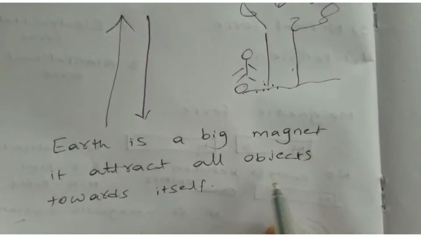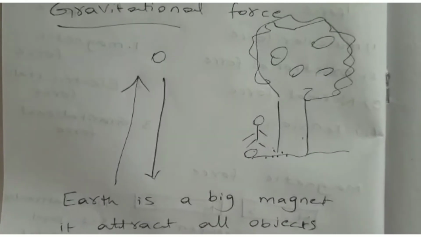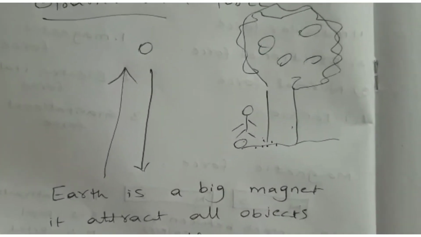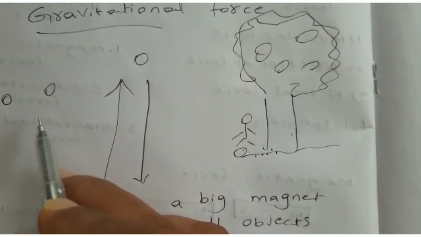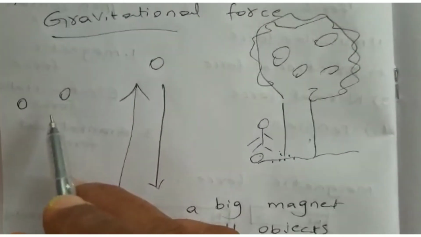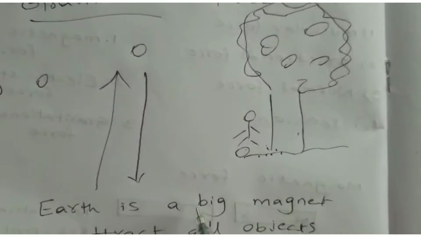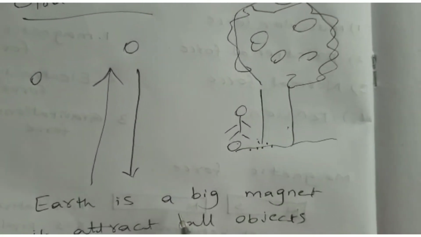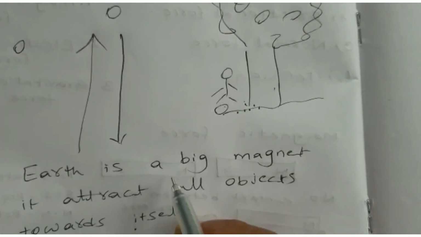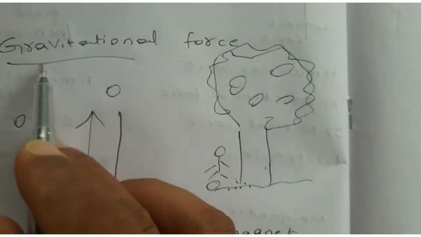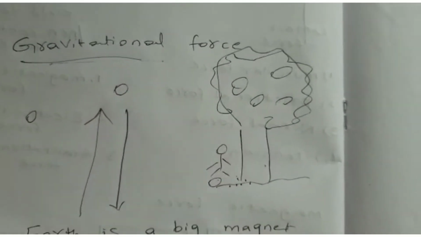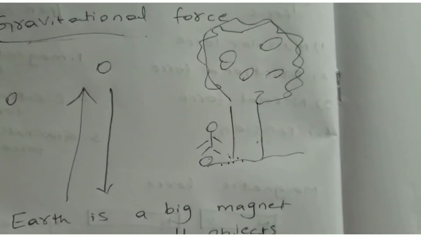It attracts all objects towards itself, so it is called gravitational force. Every two objects have gravitational force, but it depends upon their mass. Earth has a large mass. That's why it attracts all objects towards itself. So these three are examples of field force.